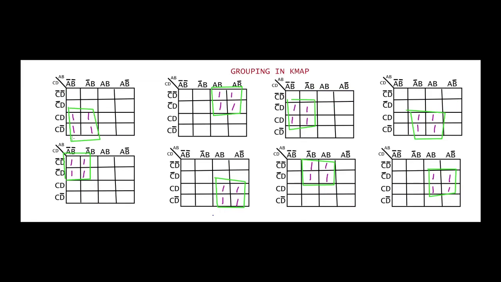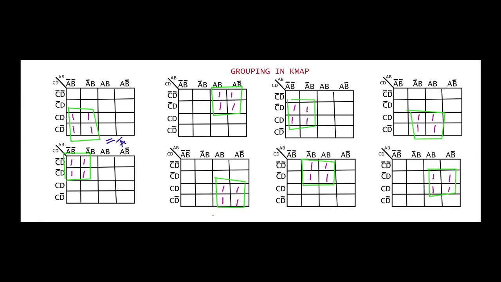So if you have 4 ones over here, you can group this as a single group, and from these 4 ones you have 2 rows and 2 columns. So from these, the common term is A bar, B bar, A bar B. From both of these you have A bar as common.